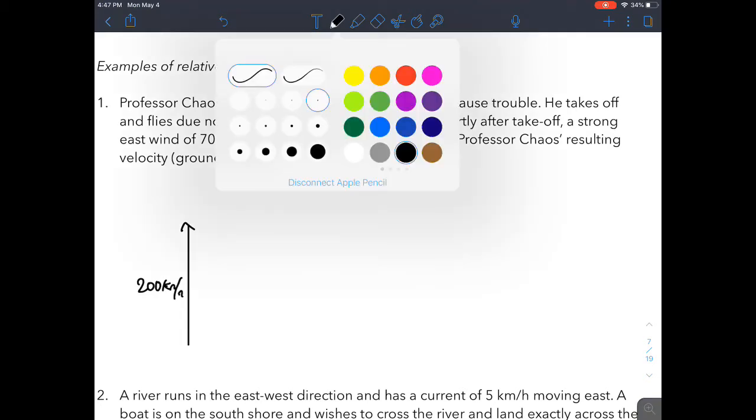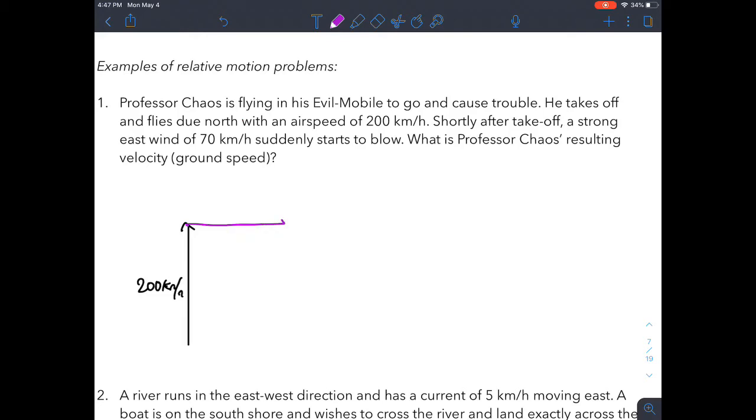Then the wind shows up and starts blowing east, okay? And that's 70 kilometers an hour. And we want to know what is the resultant velocity of those two vectors, okay?